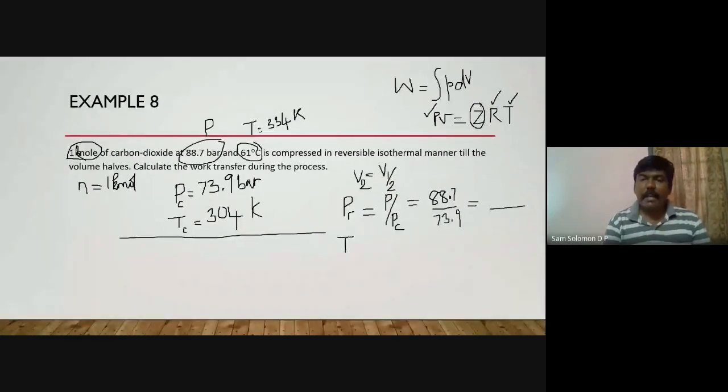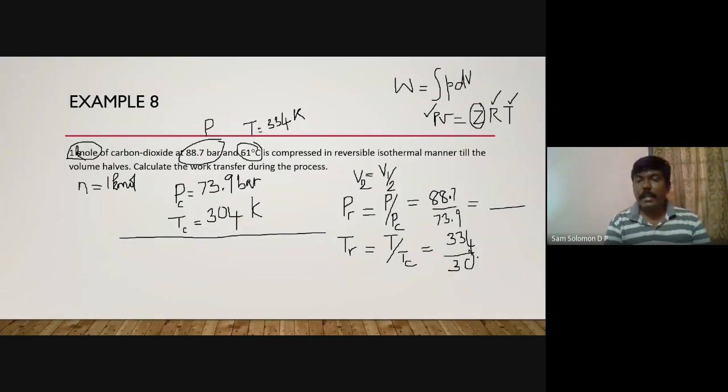Similarly, estimate the value of TR. TR equal to T divided by TC. What is T? T is 334, divided by 304.